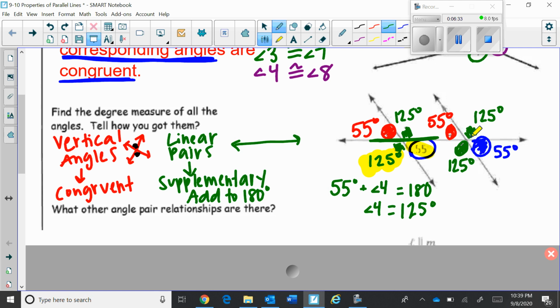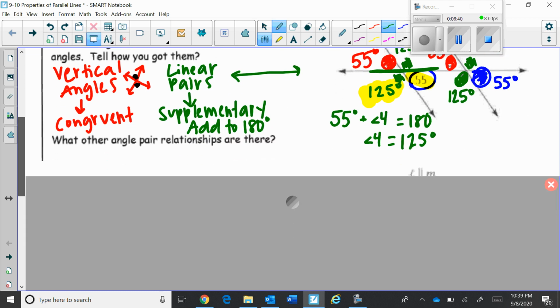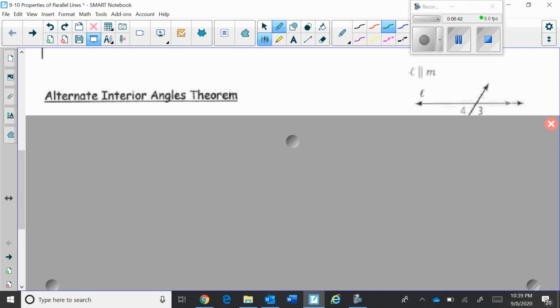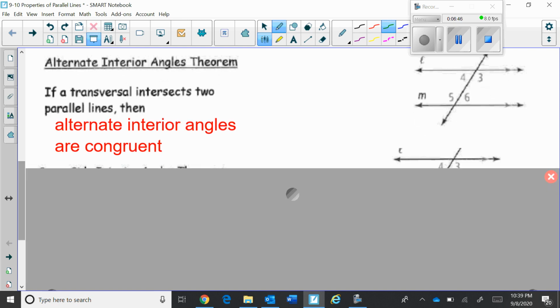You've possibly picked up a small pattern with this. So let's go ahead and define it. Based off of this, we can make assumptions about all of the other angles. First things first, alternate interior angles. If a transversal intersects parallel lines, again the important thing is parallel lines, then alternate interior angles are congruent.